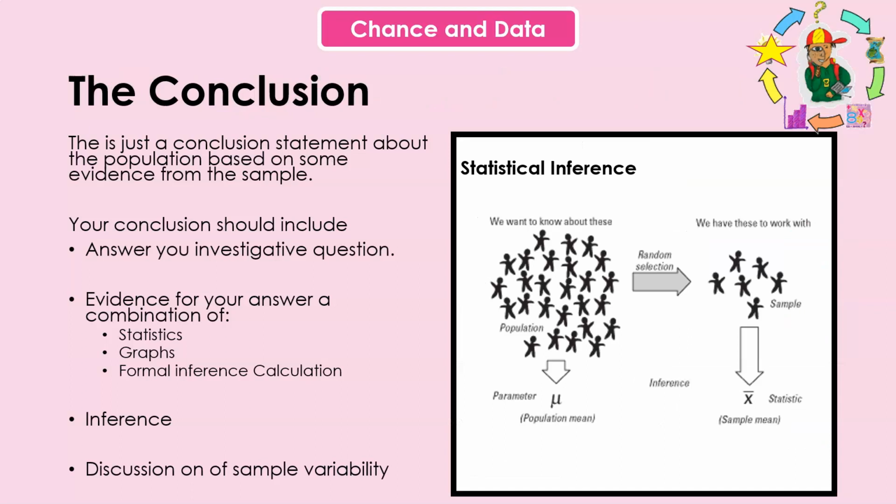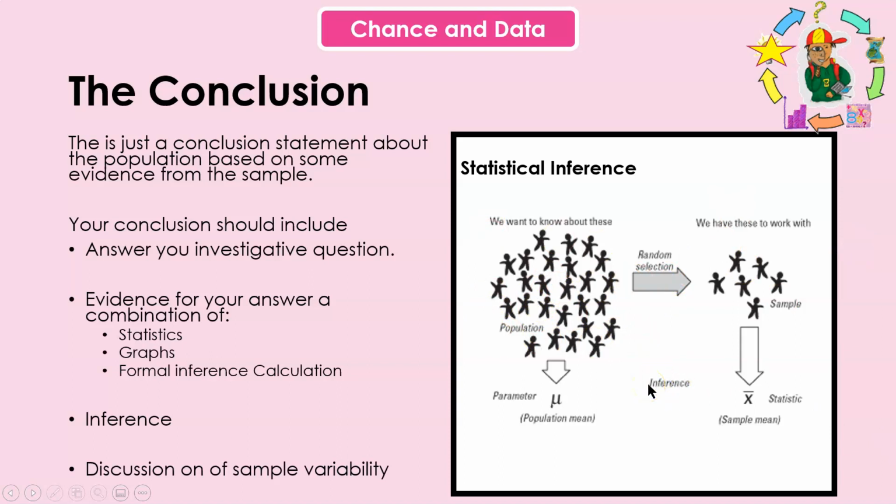The reason why it's important is that when we're writing a conclusion for our investigation, which we've talked about previously, we use statistical inference, where we have a population and then we have our sample. The thing is that we never get to test the whole population because it's a difficult thing to do.